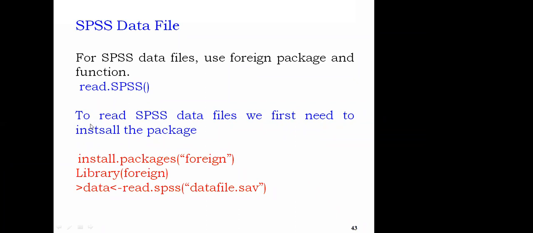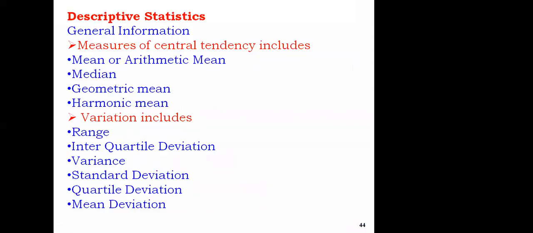For an SPSS data file, again we need to install the package. So again you write install.packages in your command line in the R console, then within the bracket you write foreign, then again library foreign. Then for example, data, then less than dash, read.spss, then within the bracket you write your data file and then .sav. This is your SPSS data file. Okay, so these are the files.